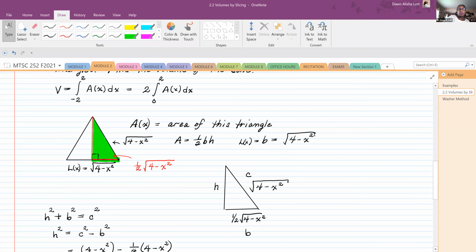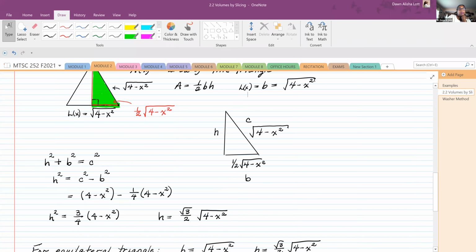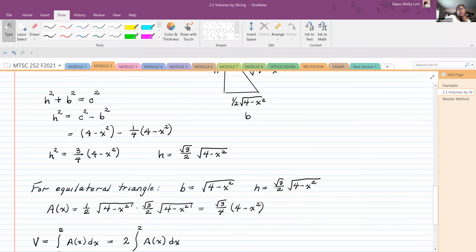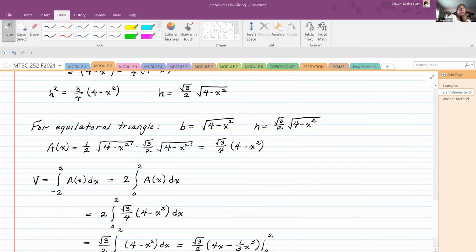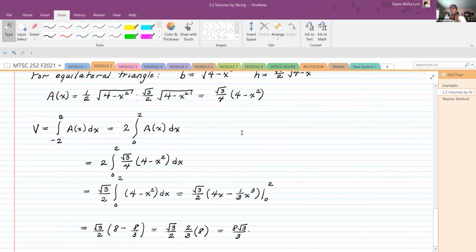And then down here, this was 1/2 of the base, so that's what we used. This was 1/2 the square root of 4 minus x squared. We use that in order to get C, the height. When we found the height, then we knew the height of the triangle. We could do 1/2 the base times the height, and that's the area, and we could integrate it.